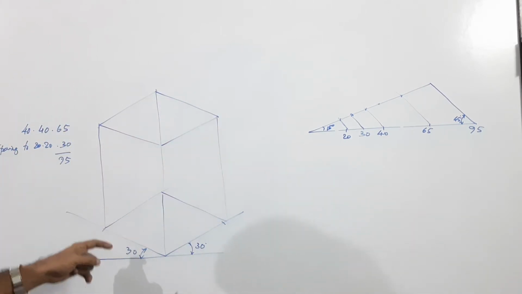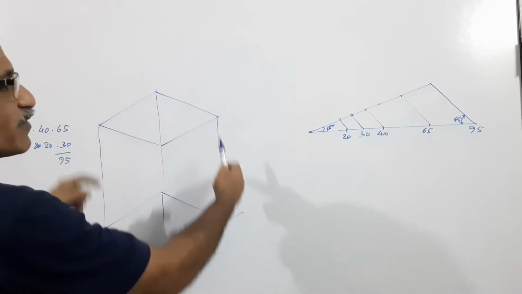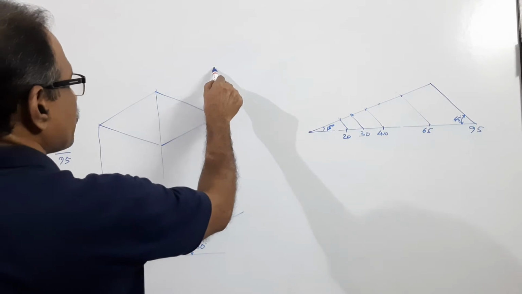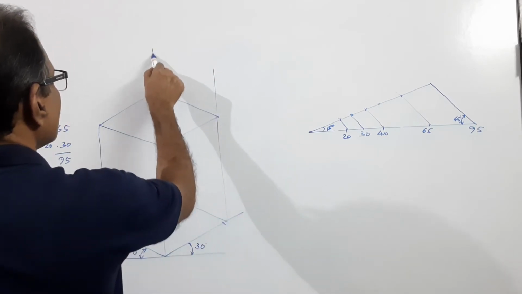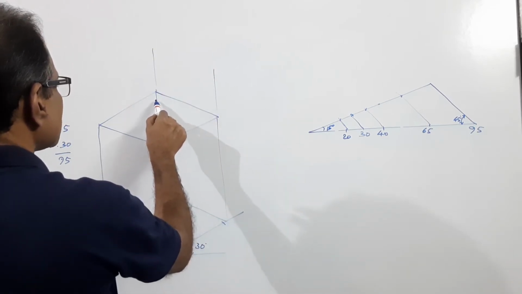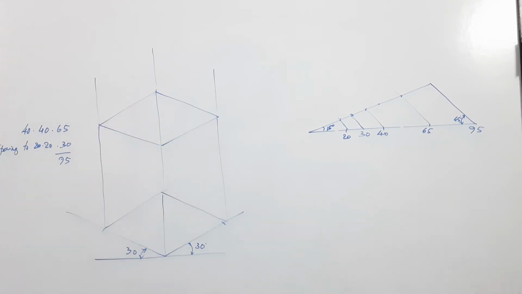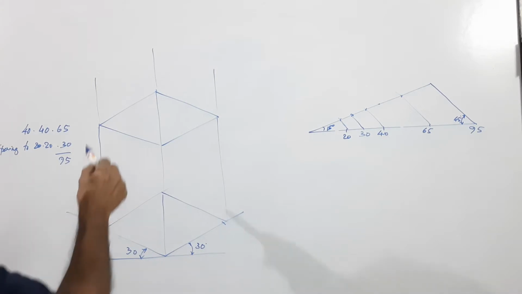ISO 40 side through a height of ISO 65. From ISO 65, measure ISO 30 up again. We could have drawn it in the same stretch, but for clarity I am changing. Again measure ISO 30.